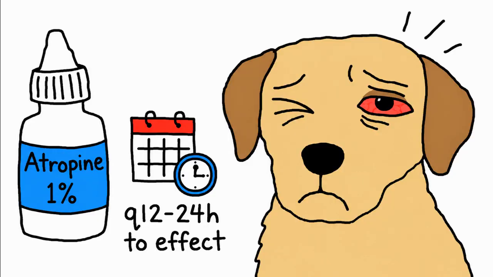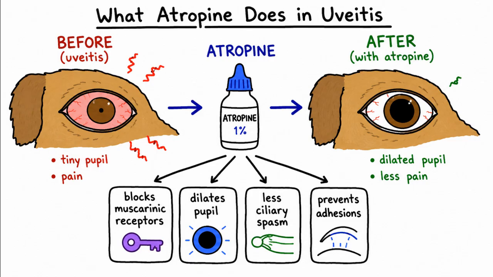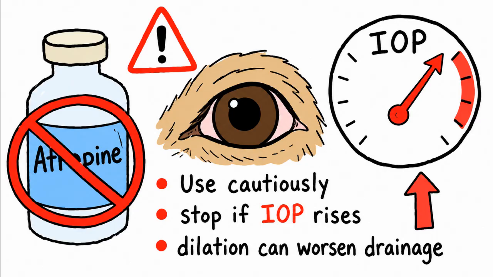Atropine 1% may be administered every 12 to 24 hours to effect. Atropine blocks muscarinic receptors, dilates the pupil, reduces painful ciliary muscle spasm, and helps prevent adhesions between the iris and lens. It must be used cautiously and discontinued if intraocular pressure becomes elevated because pupillary dilation can worsen impaired aqueous drainage.